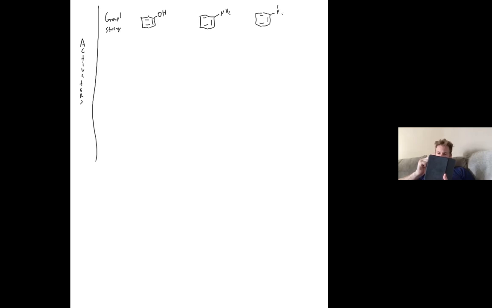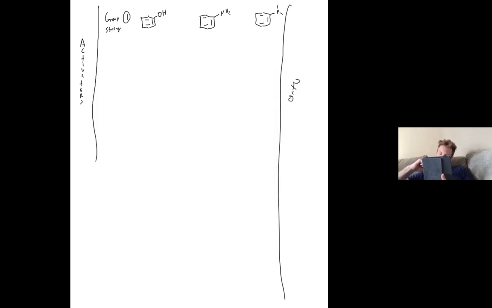We also have methyl groups here instead of NH2s. These are considered our strong. This is our group 1. A little bit better. And these are ortho-para directors. It falls into our ortho-para director categories.